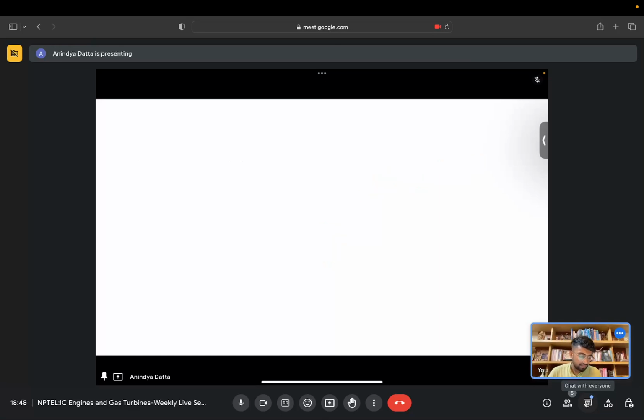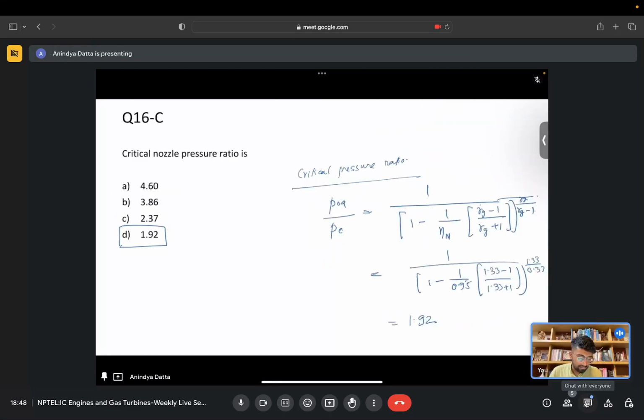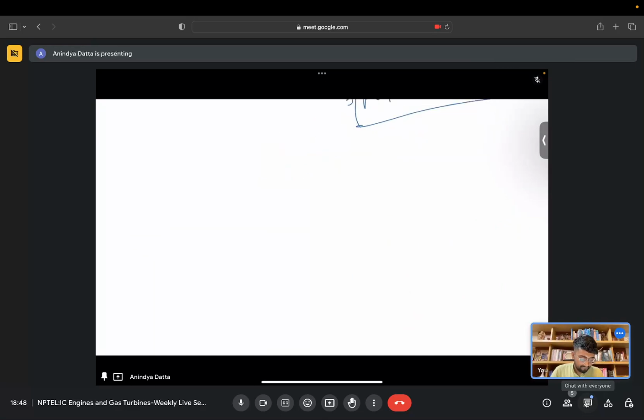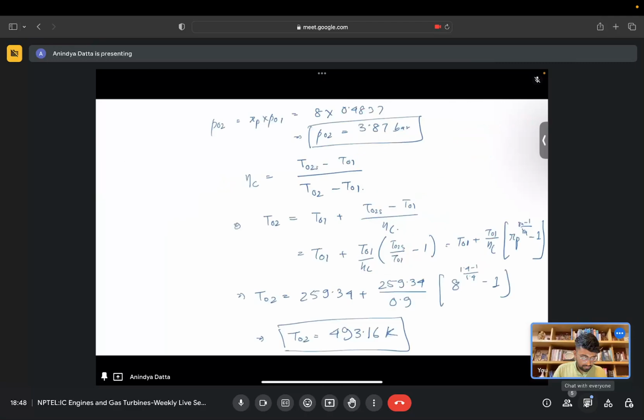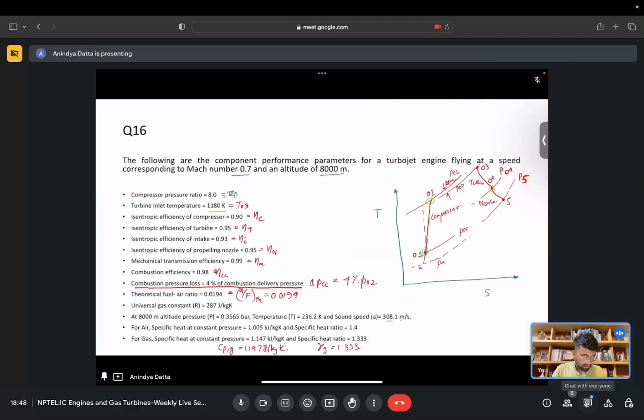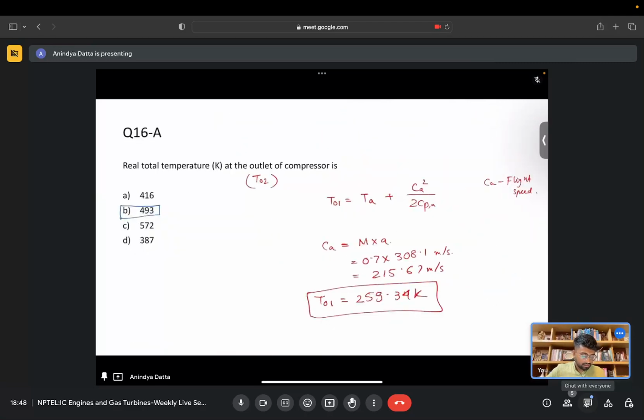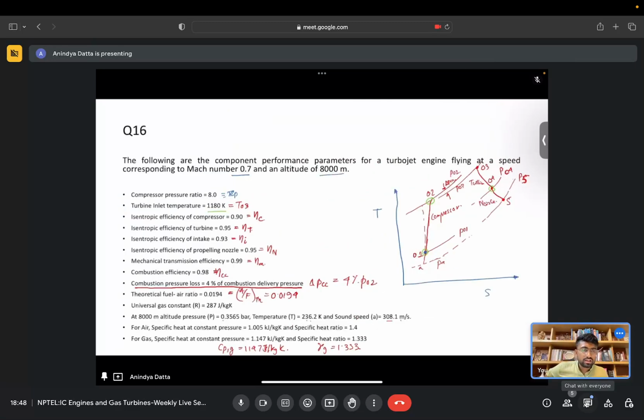If we go back to the TS diagram, P5 is the static pressure at the exit of the nozzle.